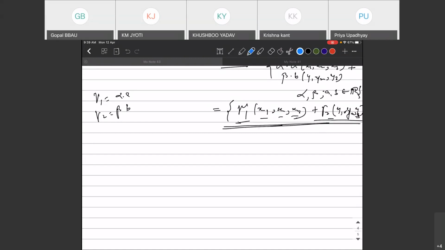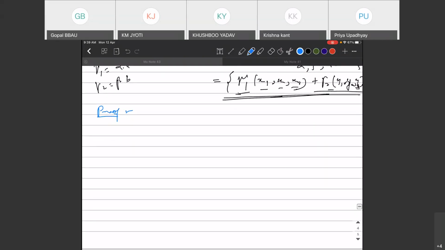Let's see the proof of this. So for proving this, a subspace is closed if its closure is itself. So we have to prove the closure of M plus N is M plus N. Okay.